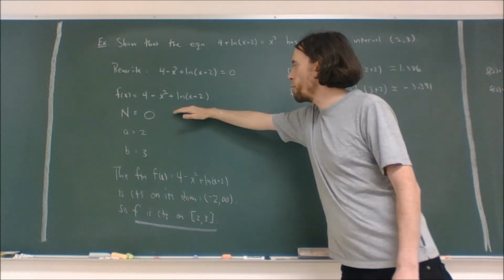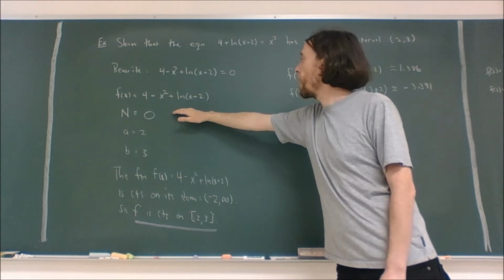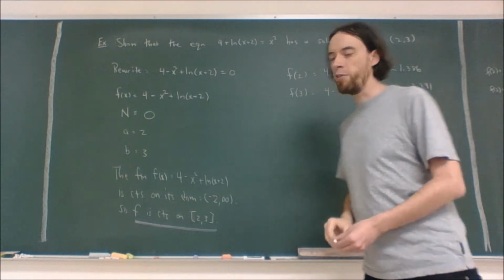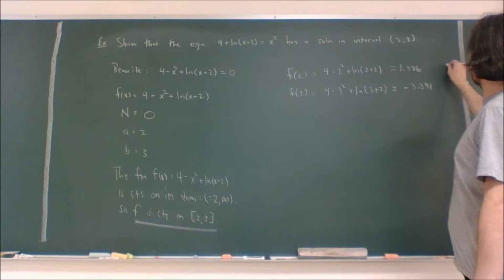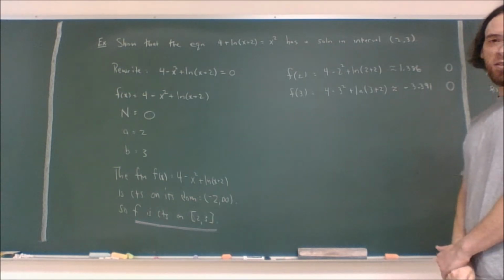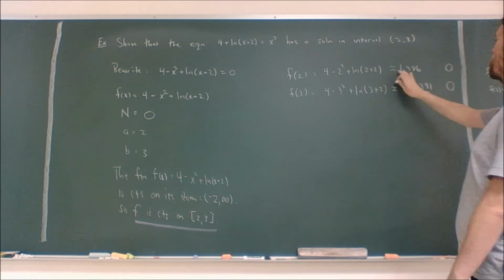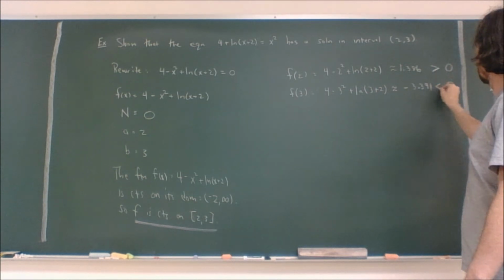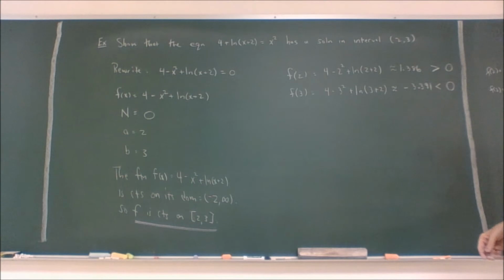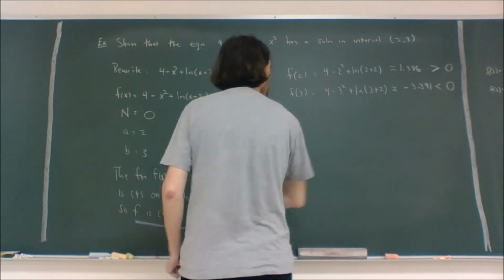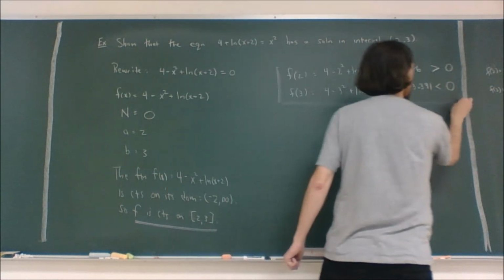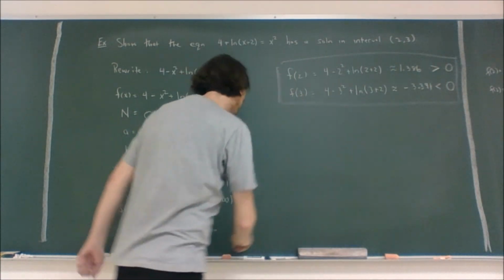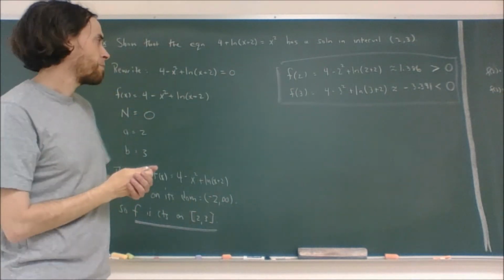For the way we chose f, capital N has to be 0, what we want that function to equal. So we've got to compare both of these to 0. Clearly this number is positive, and this number is negative. So 0 is between those two because it's less than this one, but bigger than that one. All right. So here, we've done the work of checking that second condition of the IVT.